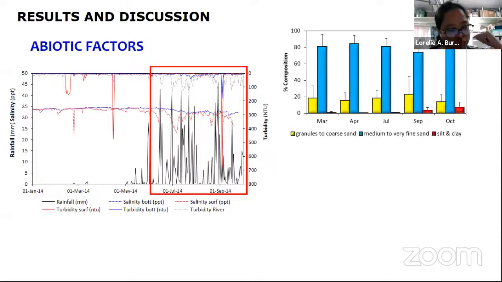In connection, the fraction of finer sediment particles such as silt and clay also showed a parallel pattern with a significant increase observed in September to October.